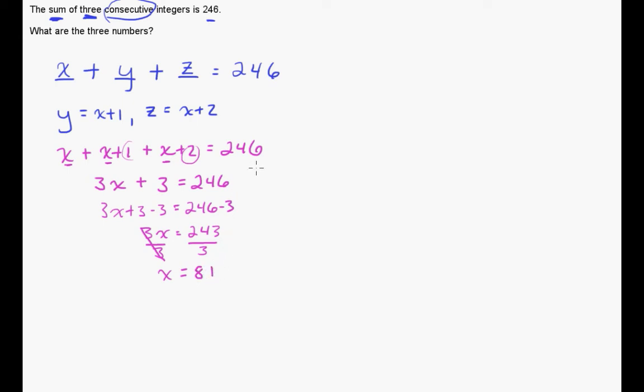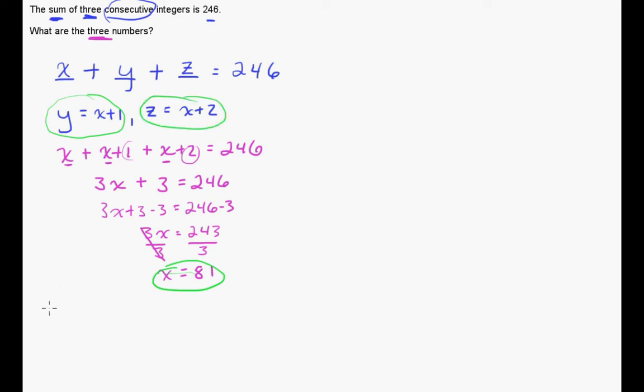Now, a lot of students, because we've done a fair amount of work here, will think that they're done the problem at this point and they'll move on to the next question. But remember, we were asked to find the three numbers. So in order to do that, we're going to have to sub our x equals 81 back into these two equations.